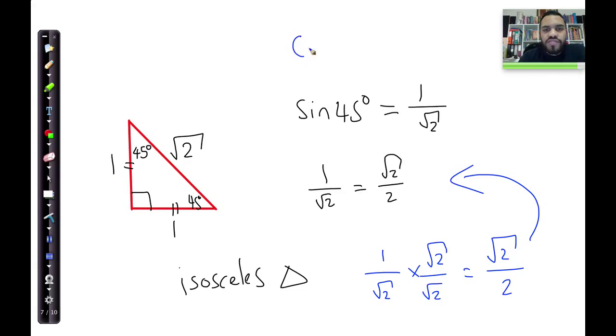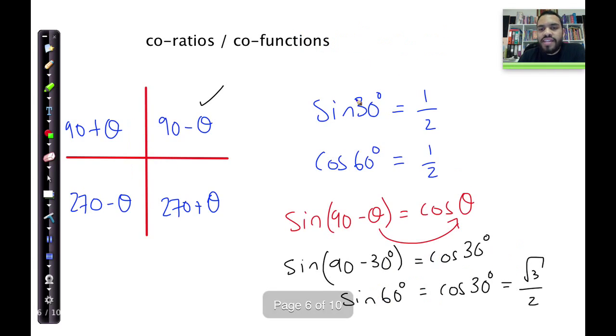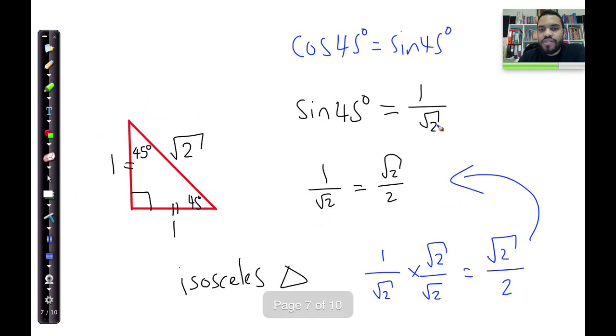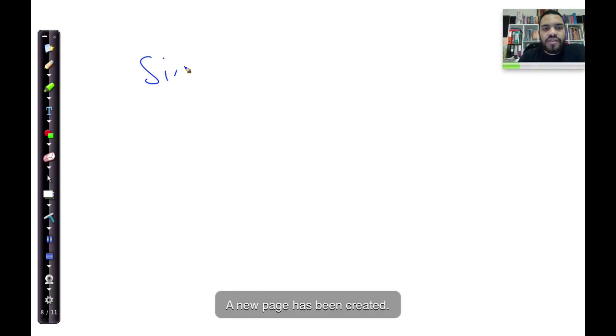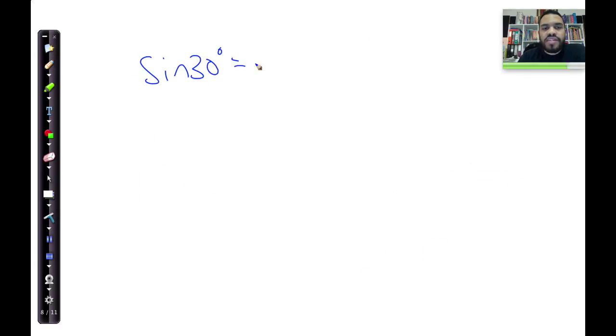What about cos 45? Now you can say, well, Imad, cos 45 is equal to sine 45 without even looking at the diagram, because these are co-ratios. Like you saw over here, 30 and 60 add up to 90. So 45 plus 45 add up to 90. And in other examples, co-ratios, sine of 30 is equal to cos of 60 degrees.